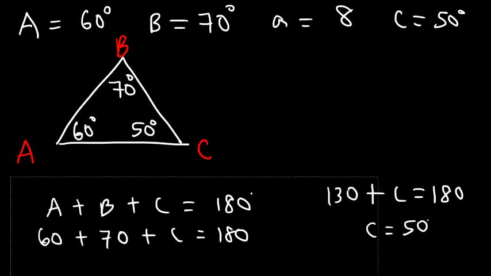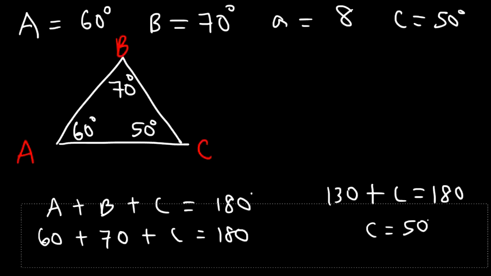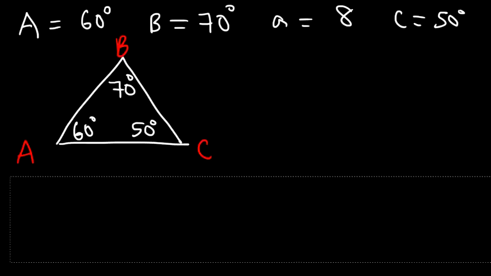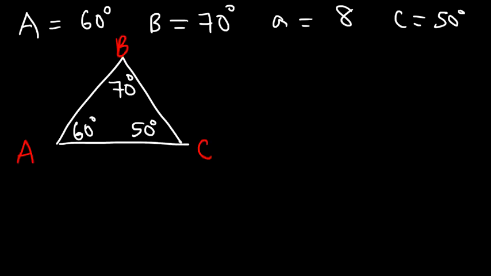Now we could use the law of sines to find the missing two sides. Side A is 8.